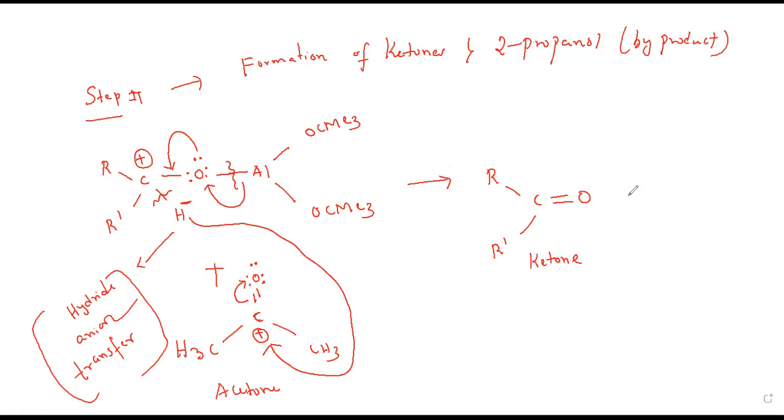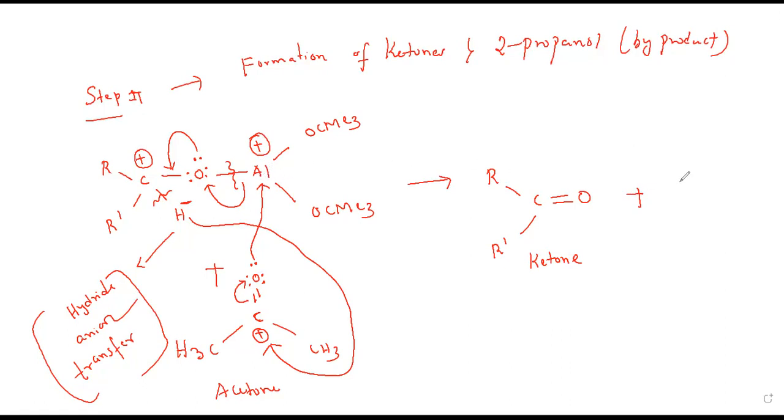Plus, now here aluminum is having a positive charge, right? Here in the acetone structure, oxygen has 3 lone pairs of electrons. So 1 lone pair of electrons you can donate to aluminum. Therefore, this oxygen will form a new bond with aluminum.